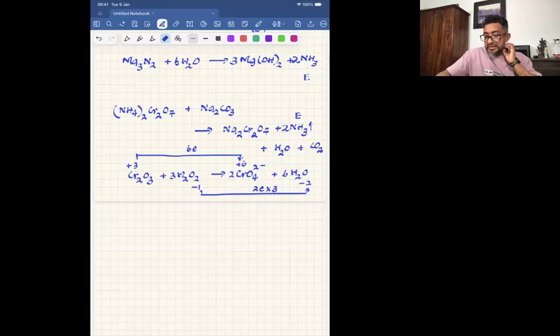In order to balance the charges, you need to add how many hydroxyl? 4-hydroxyl.